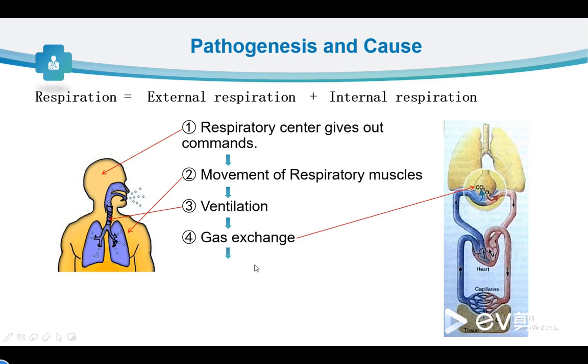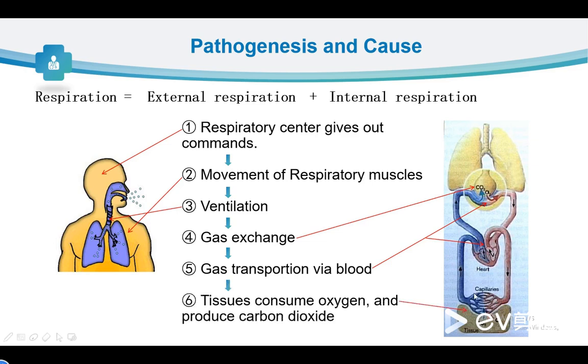And next, the gas can be transported all over the body. That's the gas transportation with blood. And finally, the tissues and organs consume oxygen and produce carbon dioxide.